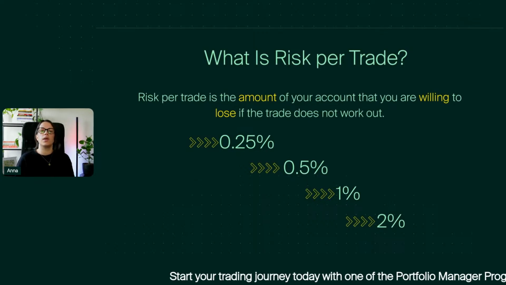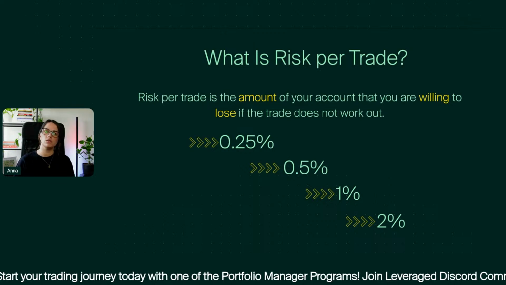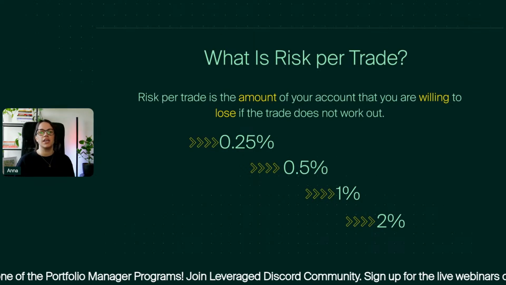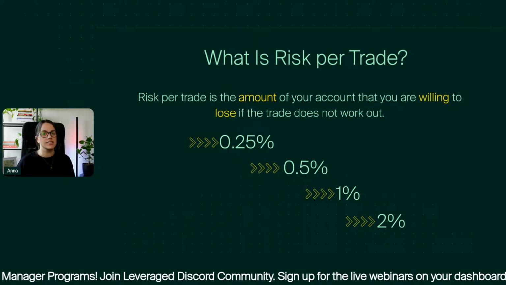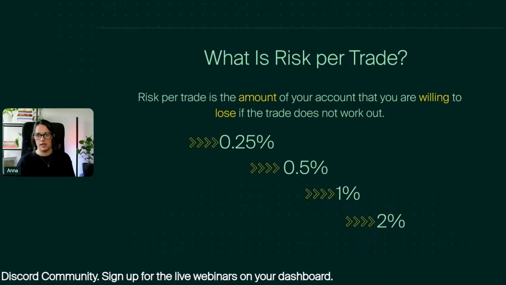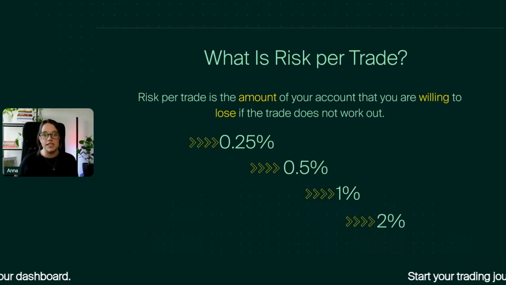I think we ourselves as traders, as humans, right? We found what works, like we are finding what works for us. So if you're someone who, let's say, is trading 0.10%, 0.05%, or 5%, honestly, it doesn't matter, because it doesn't matter what others say, right?